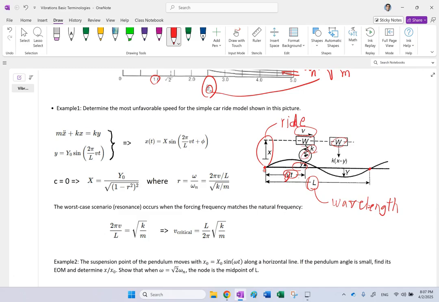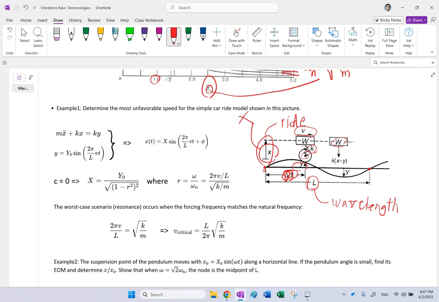Okay, this degree of freedom is called ride. So we want to see which one of these V's that you can pass the bump will give you the worst kind of ride, the biggest amplitude x for the ride, given all of these parameters.